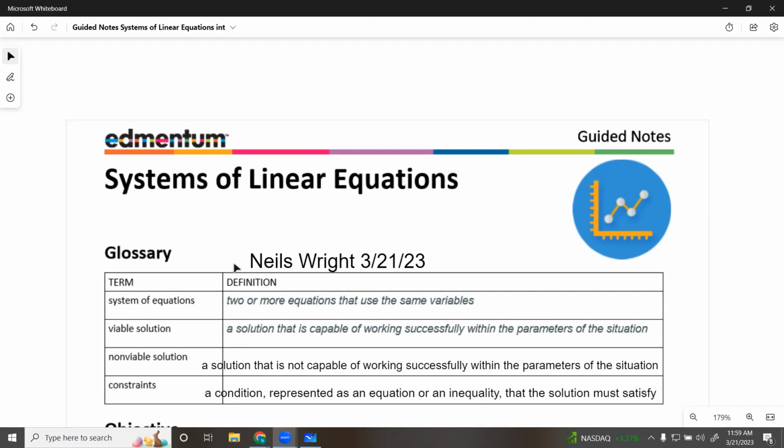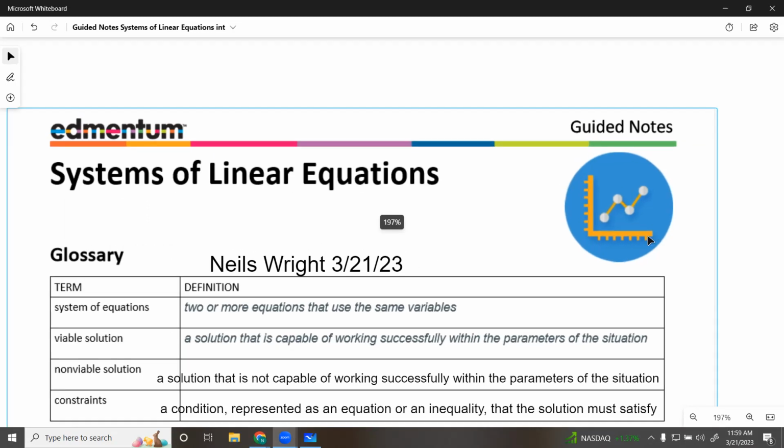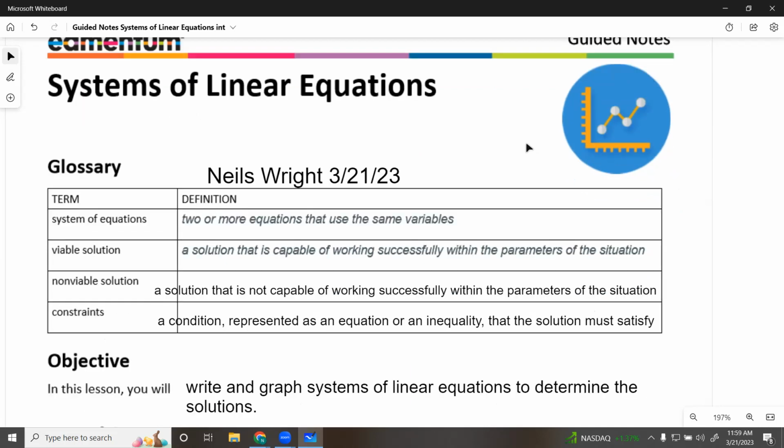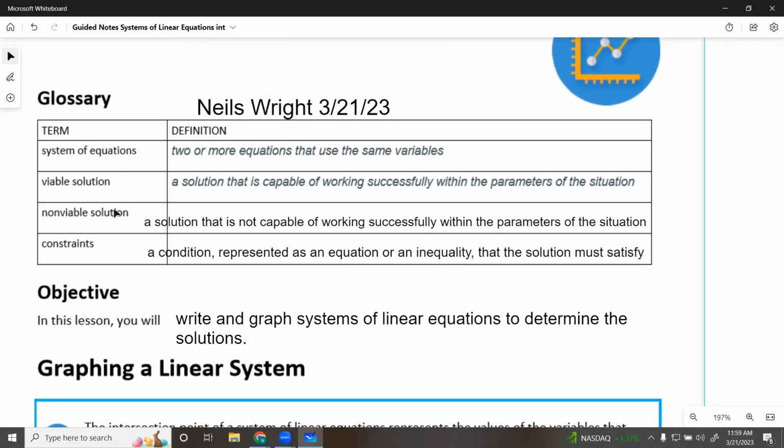Here we go. So make sure you put your name on it at the top. We get the definitions for non-viable solution and constraints from within the tutorial. A system of equations is two or more equations that use the same variables. So in the tutorial, they use P and Q for the total number of coins, the total number of pennies plus the total number of quarters.